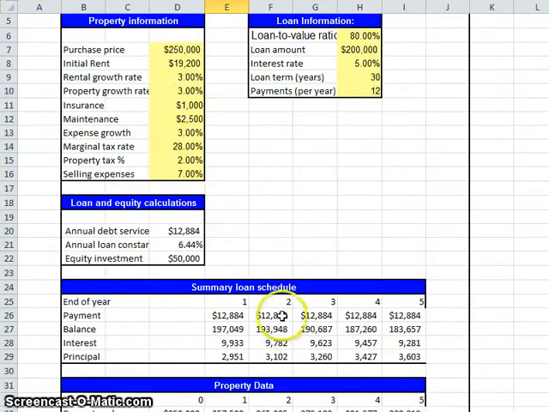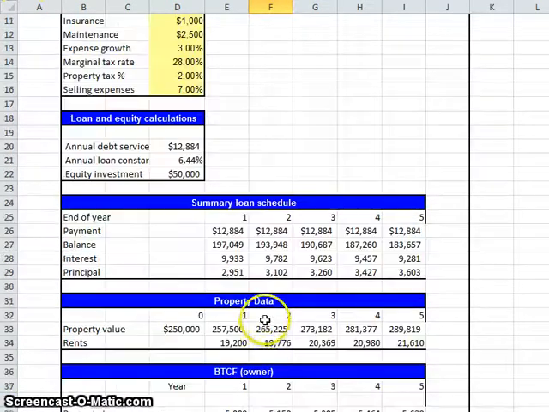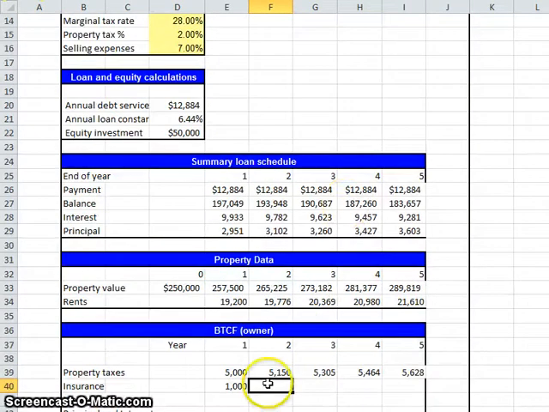Our insurance, I believe, is 1,000. Yep. And that's going to grow every year as well.